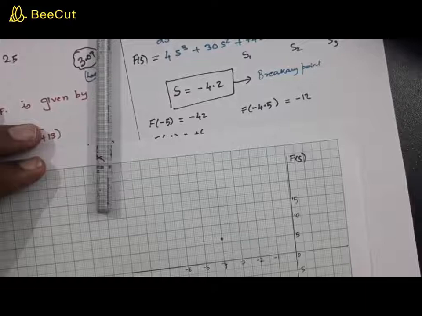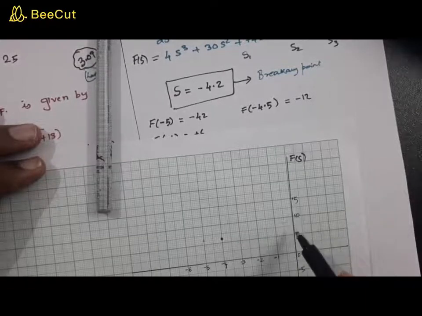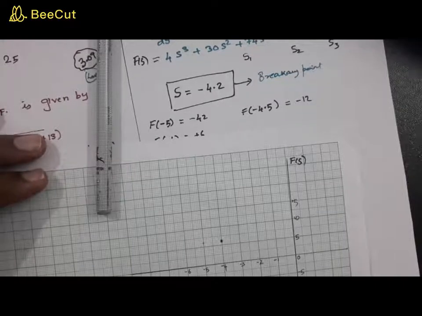So this is 10. Now this is 10, that means it is -12. So 1, 2, that is 4 divisions, right? So that is at -4.5. So this is the point at -4.5, right?